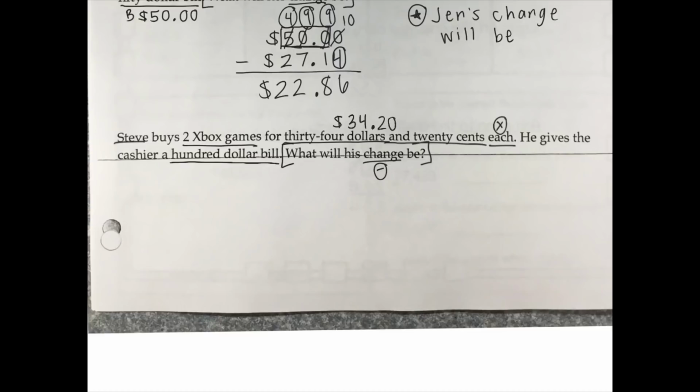If he's paying with a $100 bill, he doesn't have any cents in his pocket. So he's paying $100 in paper, and that is 0 cents. So it's pretty clear for this problem, I have $100, $34.20, and 2 Xbox games, so 3 numbers and 2 operations, multiplication and subtraction. So that means this is a 2-step problem.